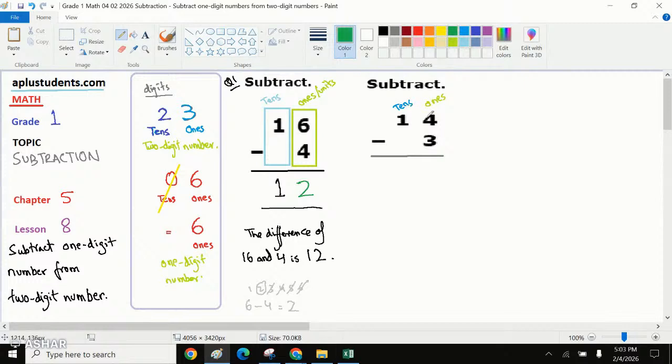So when we do 4 minus 3, we know that it is 1. And the tens was a 1. 1 minus nothing over here. This is a 0, right? When nothing is there, 0 is there. So 1 minus nothing would be 1.